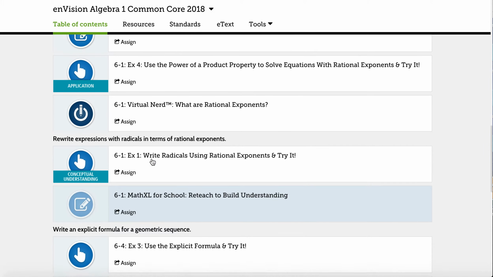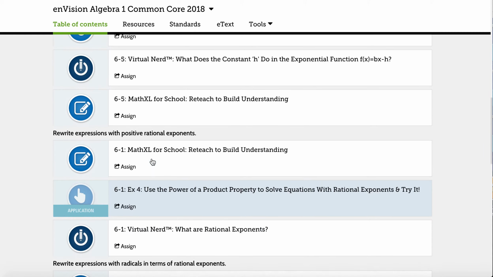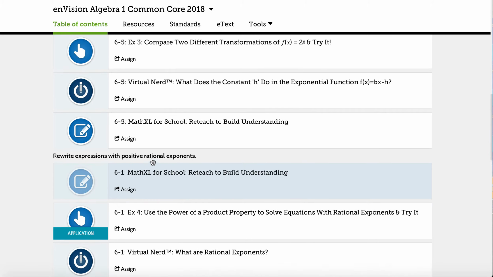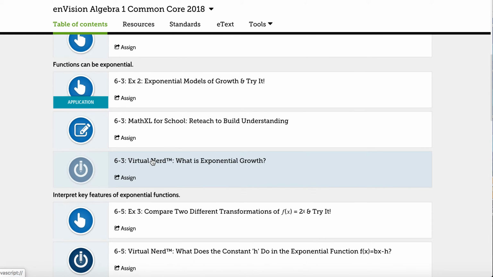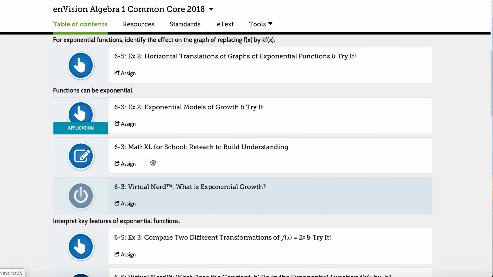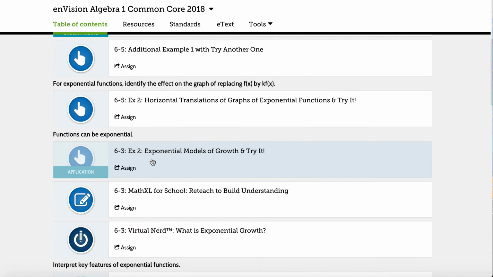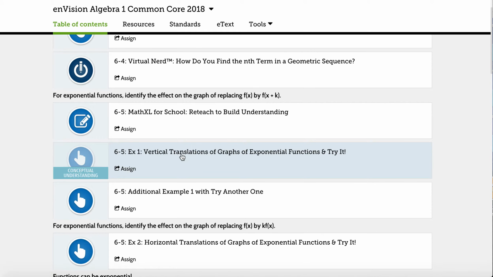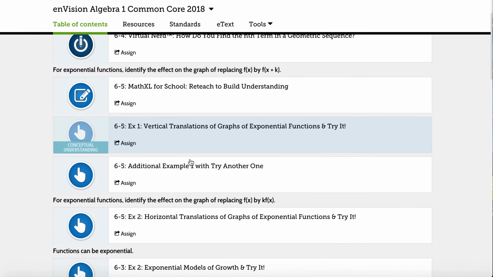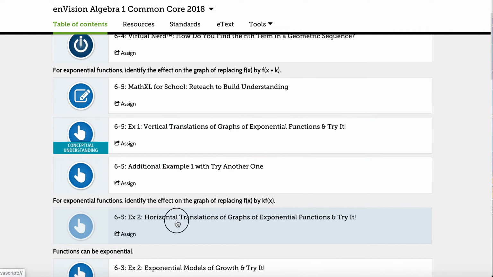I just wanted to figure out some decay formulas. Okay, and you see the virtual nerd for what is exponential growth. Vertical translation.